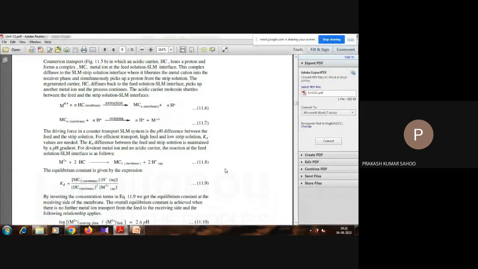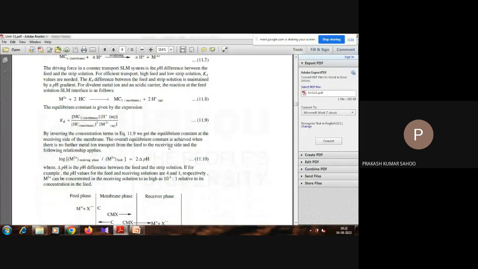So this is another example, M n plus with the membrane. We have MC, that is M attached with the membrane, plus removal of H plus ion. Then again these two will form, the membrane is separated and this will form H plus and M n plus.